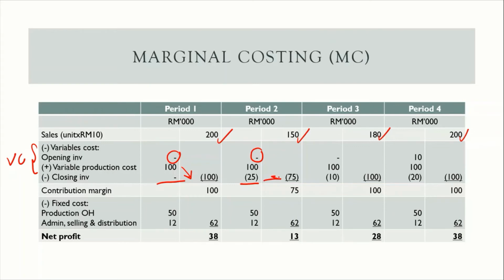And after that, you will gain 75 after deducting 100 with the closing inventory. And then you would take the sales, deduct with the 75, and you will gain contribution. And the contribution would be deducted with the fixed cost, gaining a profit of about RM13,000. So that's the end for period 2.